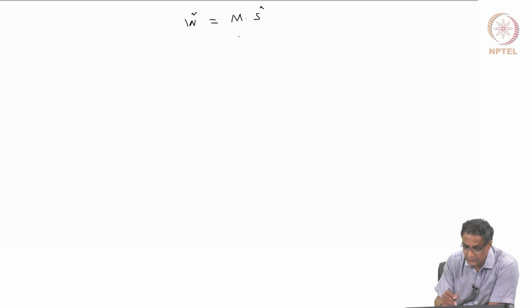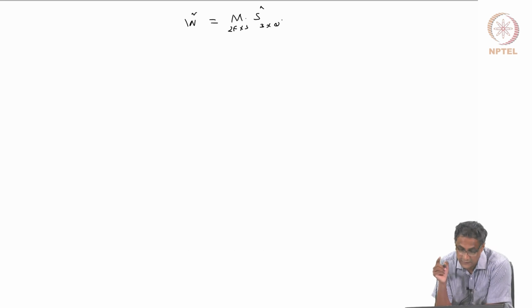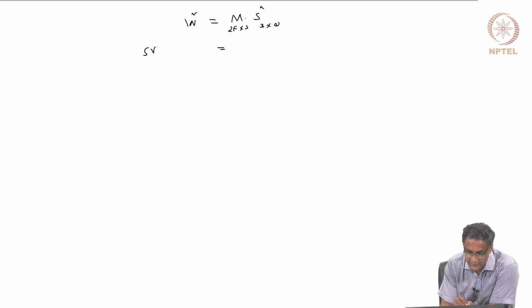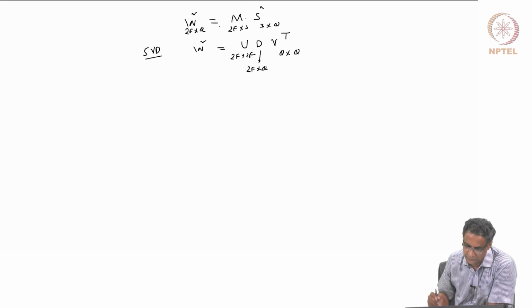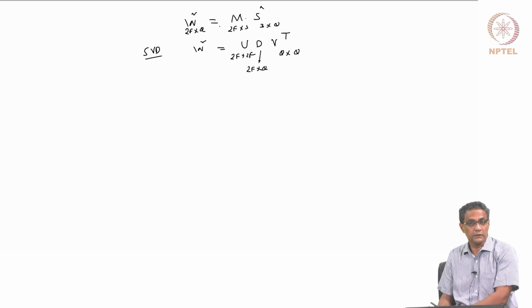M is 2F cross 3, because each row is 3 cross 1, and S hat is 3 cross Q. If you do an SVD, W tilde will be U, diagonal D, V transpose, where U is 2F cross 2F, D is 2F cross Q, and V is Q cross Q, so that the product becomes 2F cross Q.